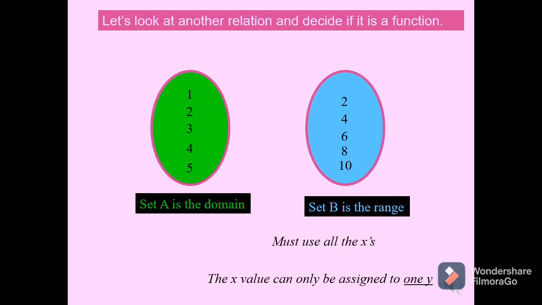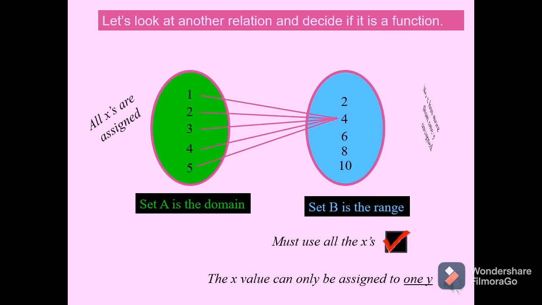Let's look at another relation and decide if it is a function. Set A again is the domain and set B is the range. 1 to 4, 4 to 4, 2 to 4, 5 to 4, and 3 to 4. The first condition here is correct because we assigned all the x.